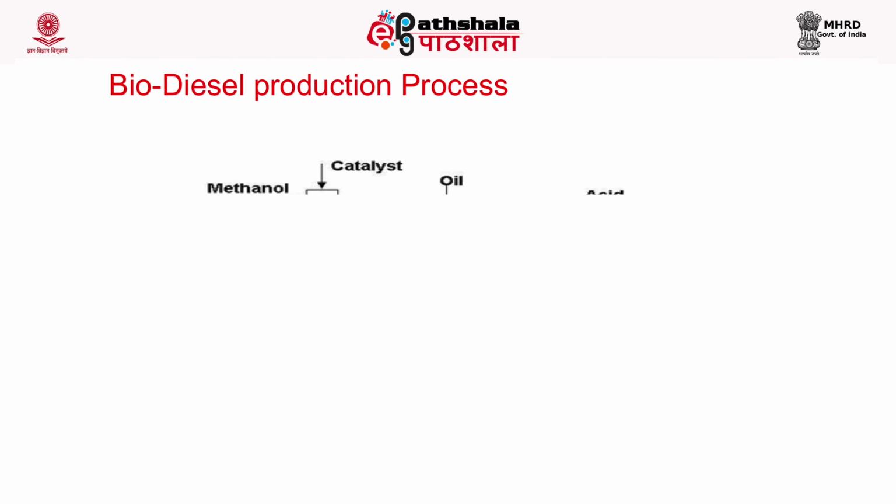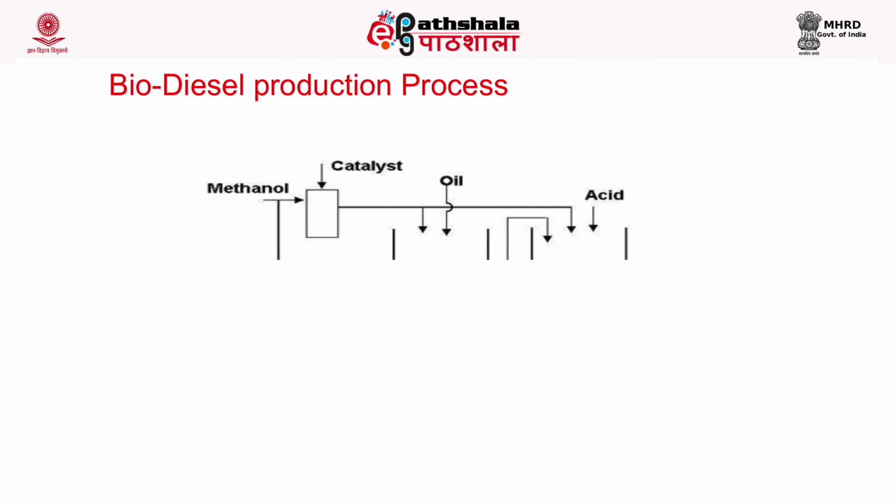In the first reactor, oil, catalyst, that is sodium hydroxide, and the quantity of the catalyst normally kept for the process is 1% based on the weight of the oil, and methanol or ethanol. So methanol and the catalyst are mixed in a mixer and fed to the first reactor, and oil is also added over here.